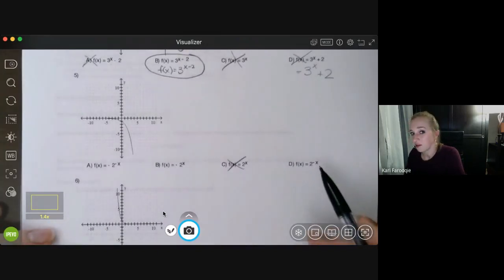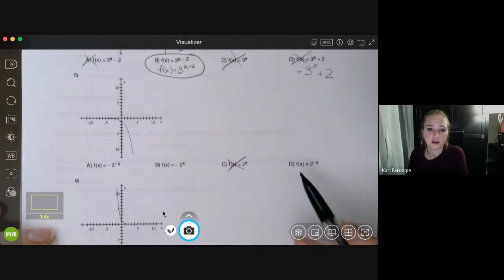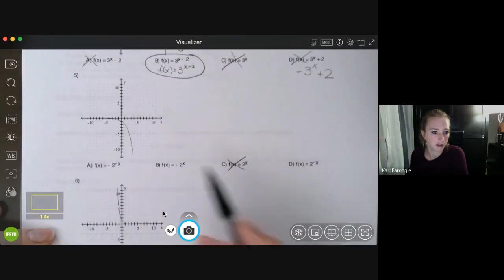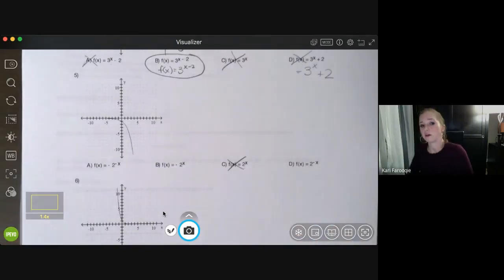This is kind of a blast from the past. I know it was like a month ago, but it seems like forever ago. I'm trying to pick out maybe the least complicated of all these, which maybe is either B or D. Let's look at D first. When you have a negative inside the function, not in front, but inside, is it a reflection about the x-axis or the y-axis?